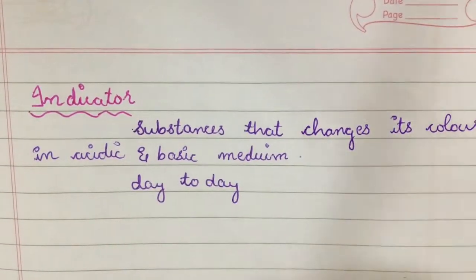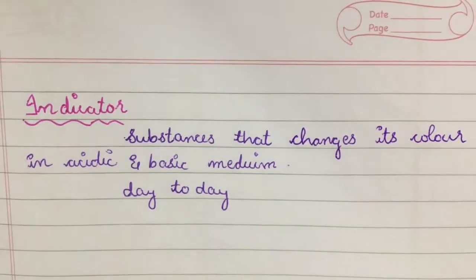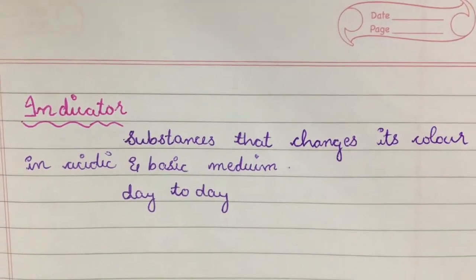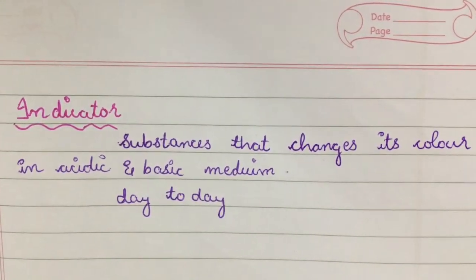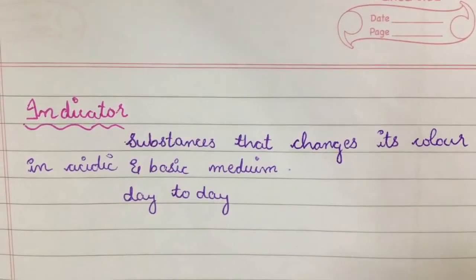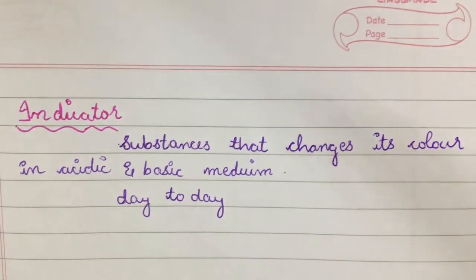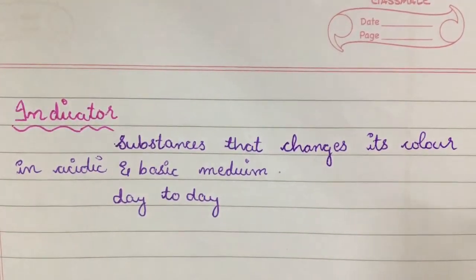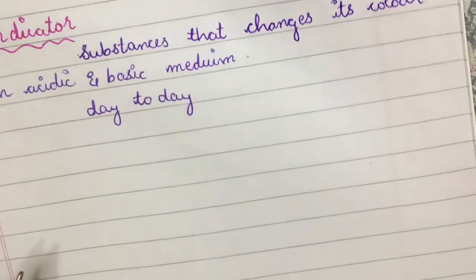We can differentiate whether vinegar is acid or whether the soap solution is acidic or basic by using this indicator. For that we need to know the color change of this indicator. What will be the color change shown by this indicator? So let us move on to this topic.